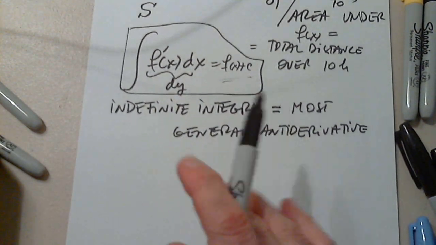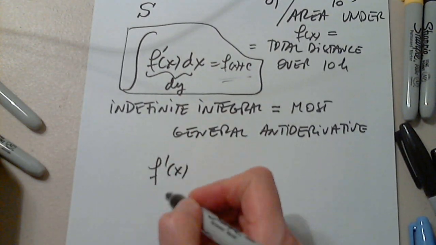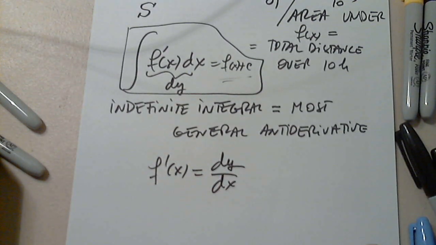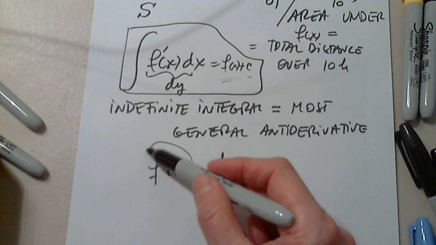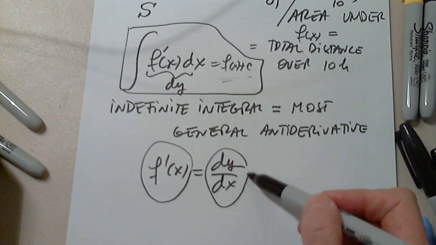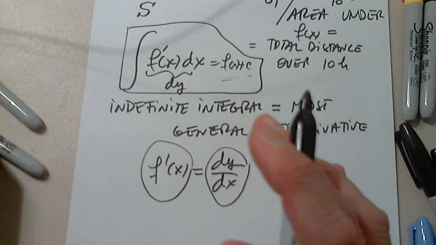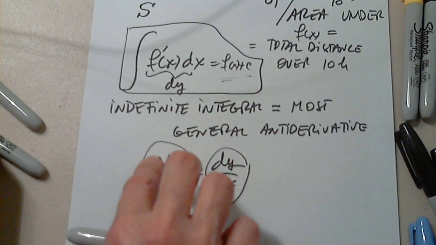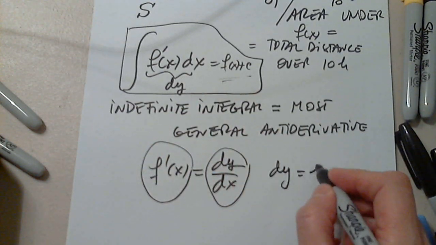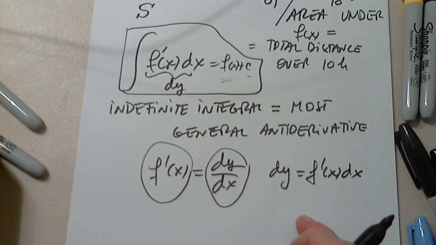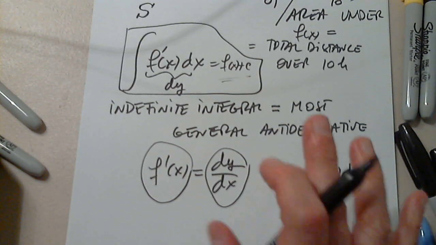Like we had in the past, we needed to understand this, and we needed to understand this, although they are the same. In certain situations we use this, in other situations we use this, but they are the same. And from here, dy, if you cross multiply, that's what you get, f prime of x dx. So everything is related.